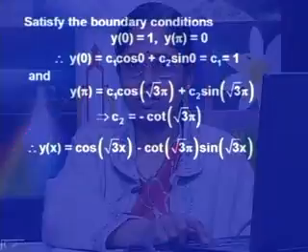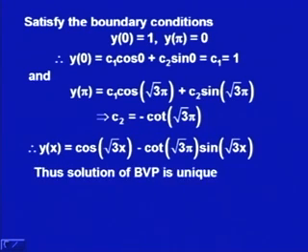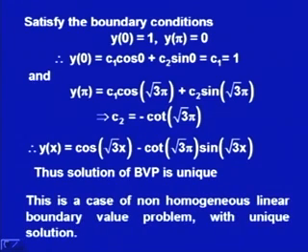So, we have got the solution y x as cos square root 3 x minus cot square root 3 pi sin square root 3 x. Since we have got a single solution, this boundary value problem has a unique solution. This is of course a case of a non-homogeneous linear boundary value problem with unique solution.